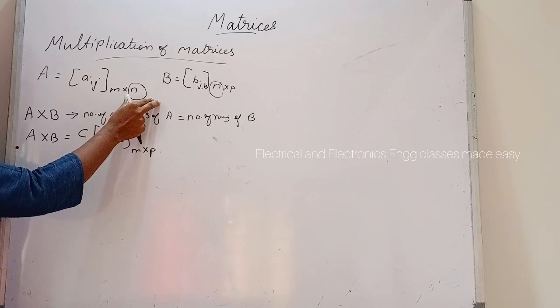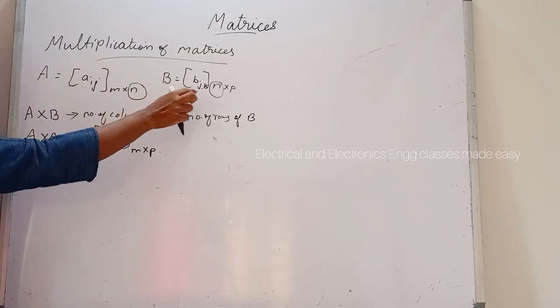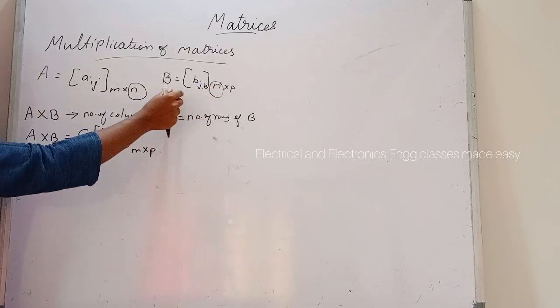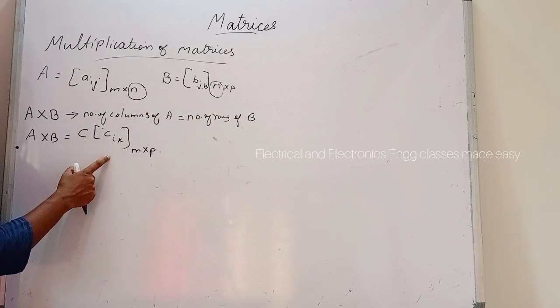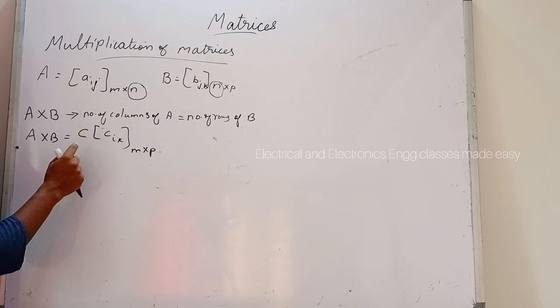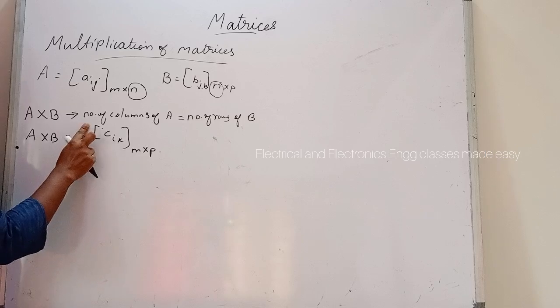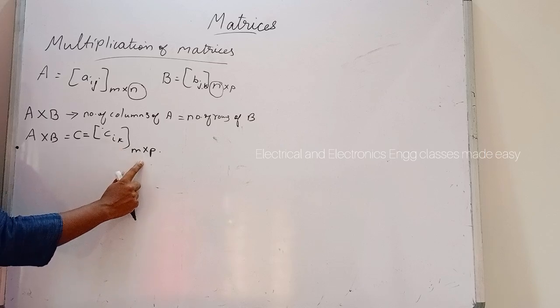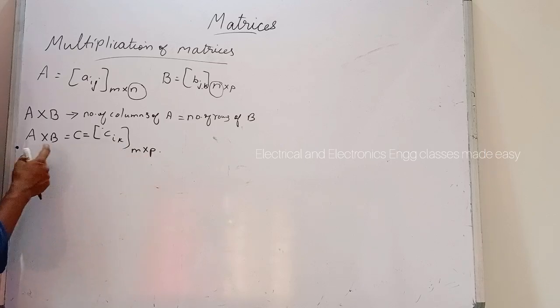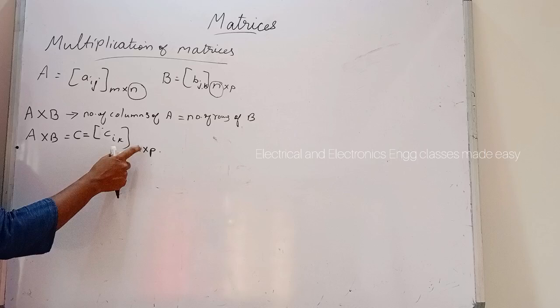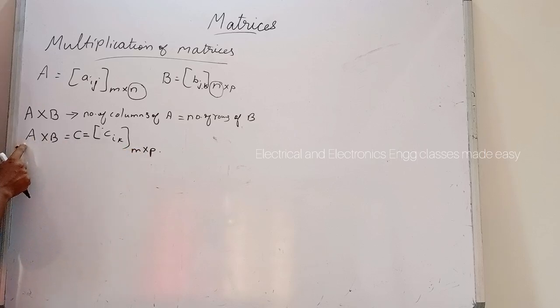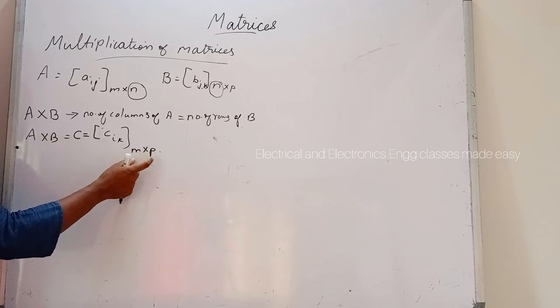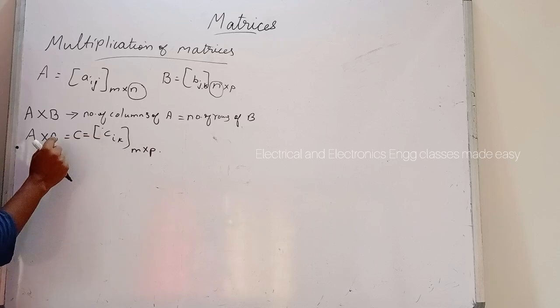So here the number of columns of matrix A is equal to the number of rows of matrix B. Then the resultant matrix C is equal to matrix Cik with order m by p, that is the number of rows of the first matrix and the number of columns of the second matrix.